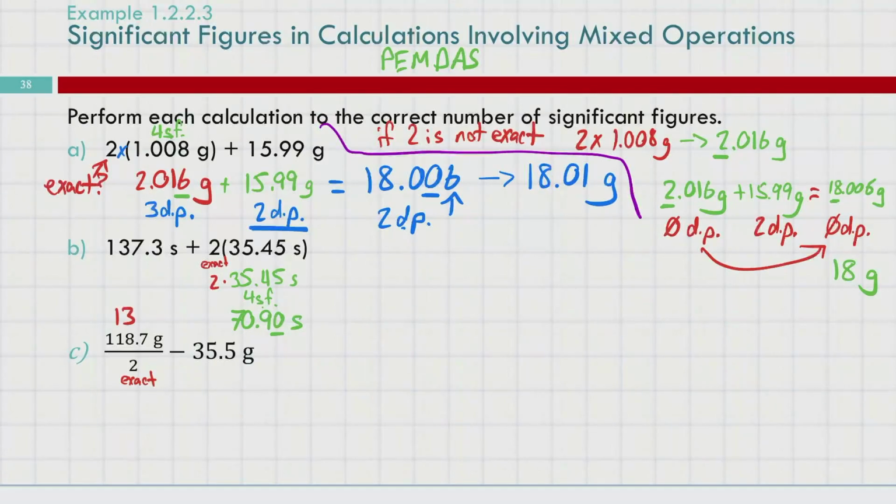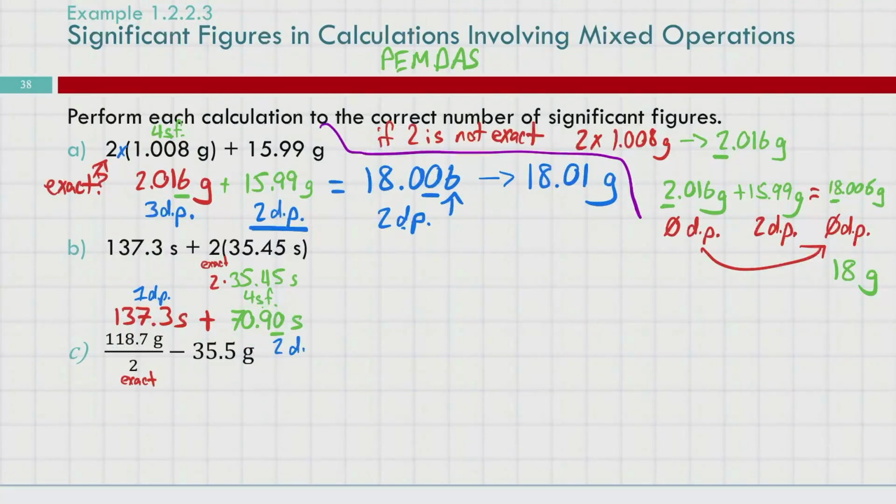And we've got our 137.3 seconds. We're going to add to that. What do we care about for addition? Decimal places. How many decimal places does our first number have? 1 decimal place. It's just the 3. And how about our second number? 2 decimal places.